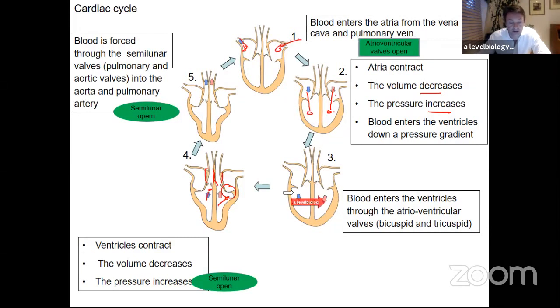Blood comes into the two ventricles, then the ventricles contract, the pressure increases, and when the pressure is higher in the ventricle than it is in the aorta and the pulmonary artery, then blood gets pushed into the aorta and the pulmonary artery. So remember the principles here. The volume decreases, therefore the pressure increases, therefore the blood flows to where there is a lower pressure.